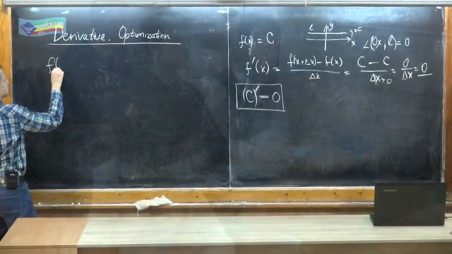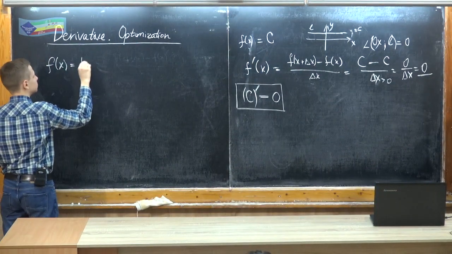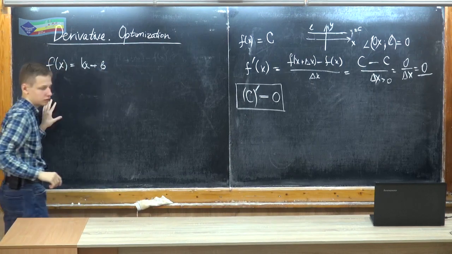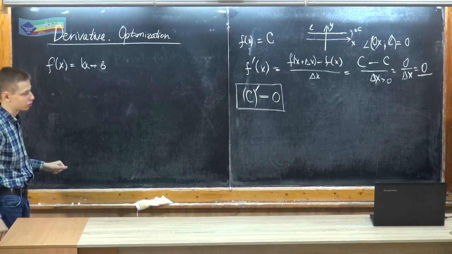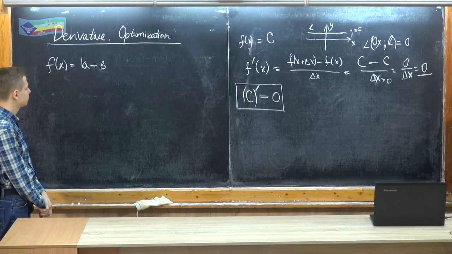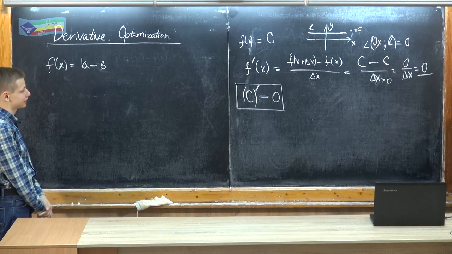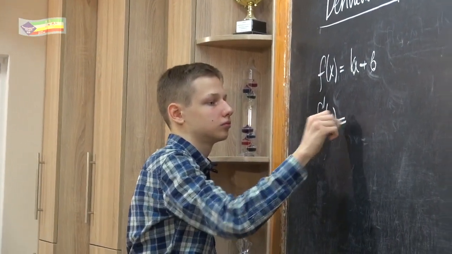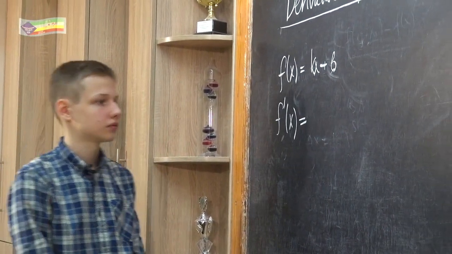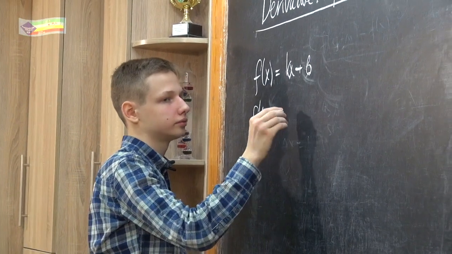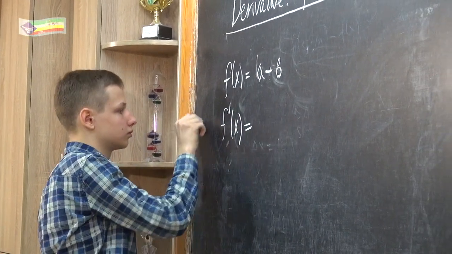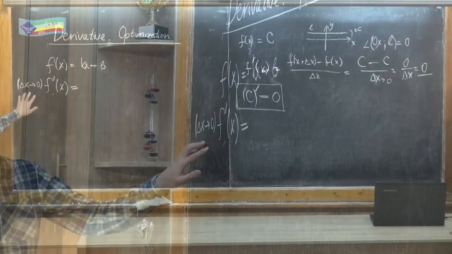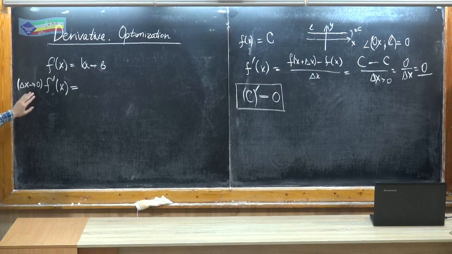Now we are considering a linear function. That actually reminds us of what we did at the start of the lesson when we calculated just the slope of this line. Now let's do practically the same. We will write in brackets that delta x is approaching 0.